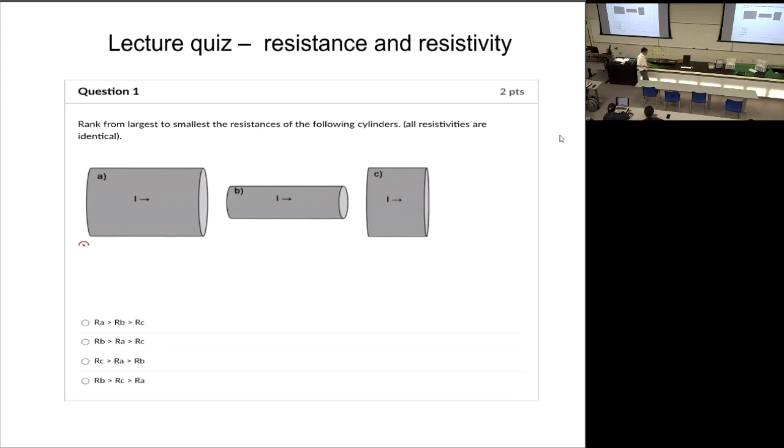Oh, I mean, they're even. Why? B has a smaller.